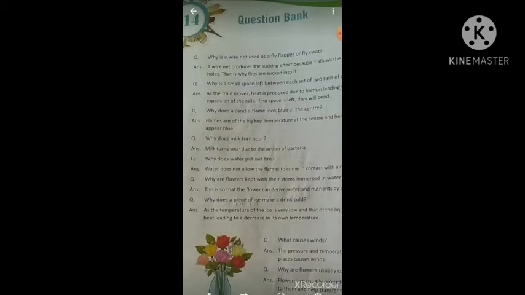During daytime, because of the heat of the sun, and because the train moves on the rails, friction takes place. That leads to the production of heat, and because of that the metal expands.